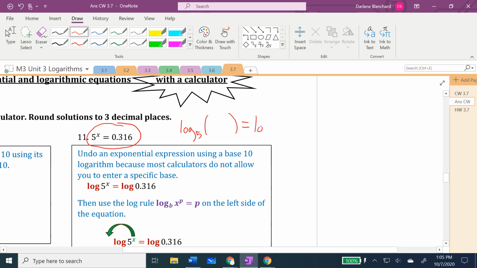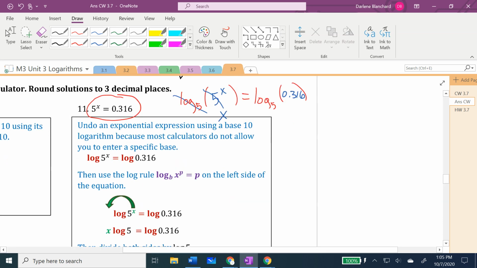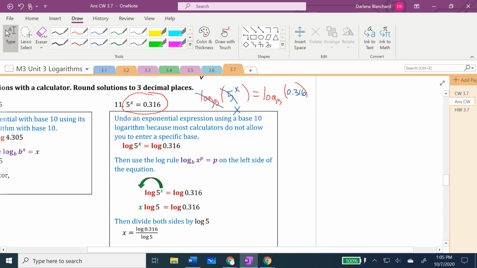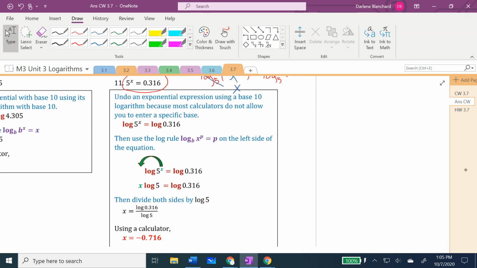So if I log base 5 both sides, that means that these two completely cancel each other out. The left side of the equation is x. And all you have to do is ask it to find the log base 5 of 0.316. And as long as you are getting the same number, you are good to go.